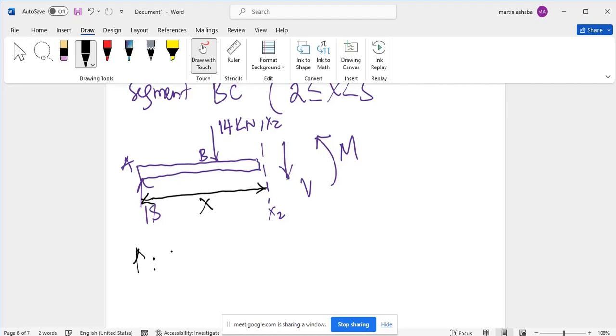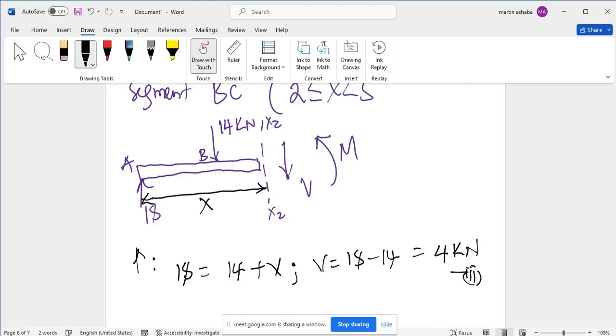So if I look at forces in the vertical direction, then I will have 18 upward forces equal to downward forces, equal to 14 plus V, such that my V is equal to 18 minus 14, and this is going to be 4 kilonewtons.